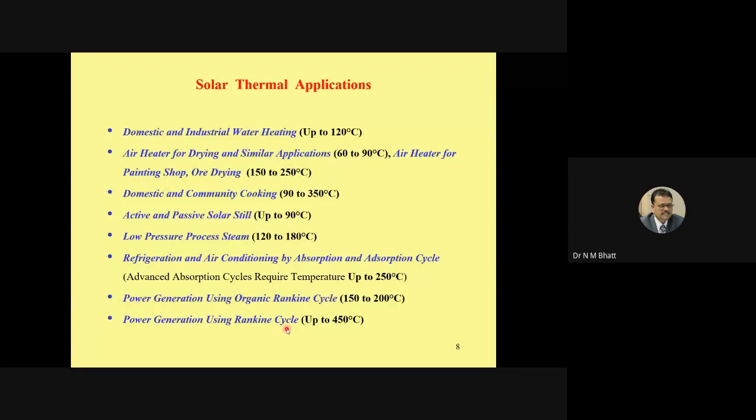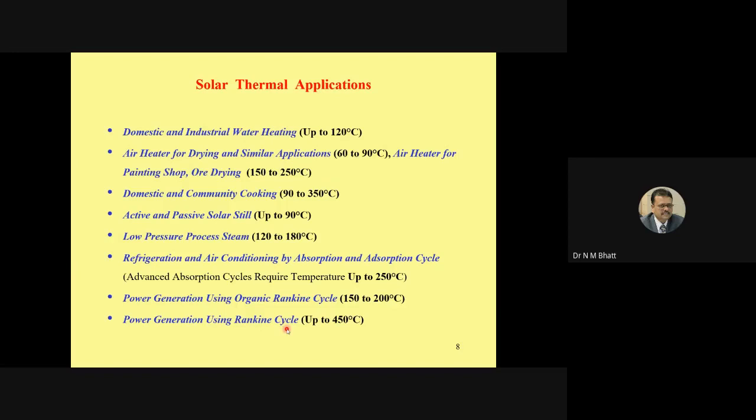These solar water heaters are natural circulation based, but if we go for forced circulation, then the industrial water heating requirement is up to around 120 degrees centigrade. When you go for 120 degrees centigrade, one has to go for a booster mirror or a concentrating collector. So that is the first application of domestic and industrial water heating.